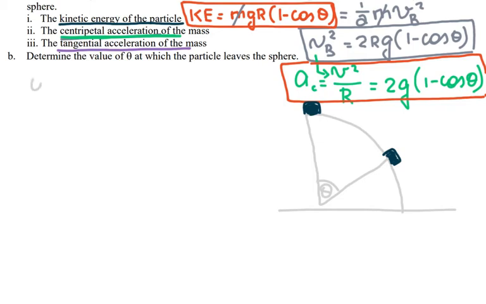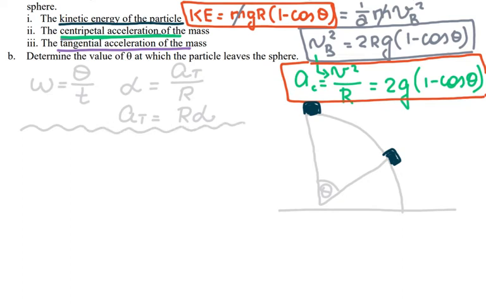Angular velocity is the change of the angle over the time. And the angular acceleration is the tangential acceleration over the radius, or tangential acceleration is equal to r times the angular acceleration. So we know this part. And now I'm going to use the torque.